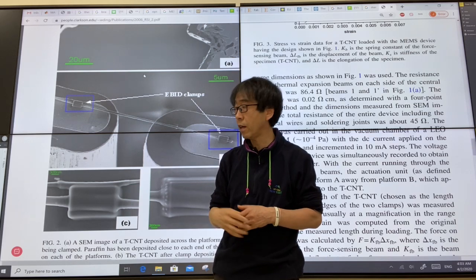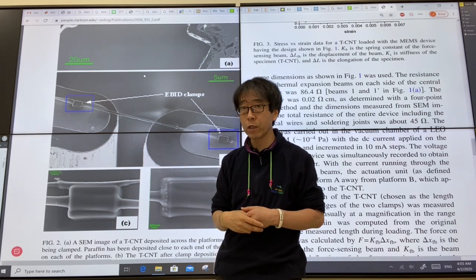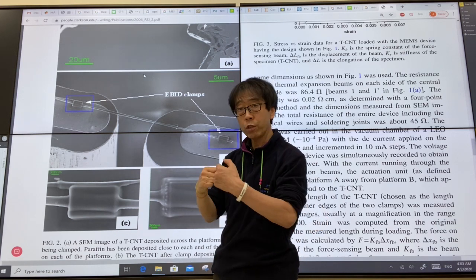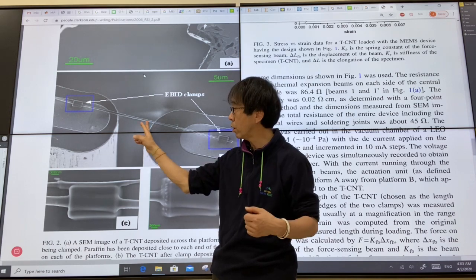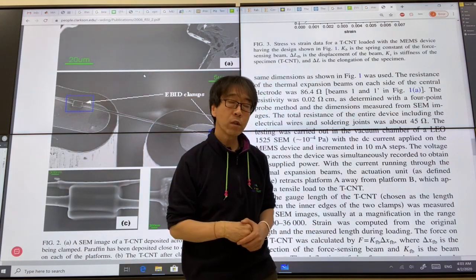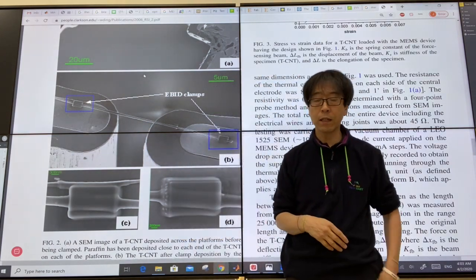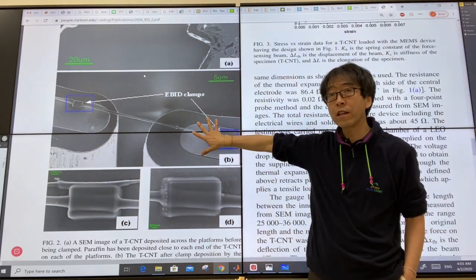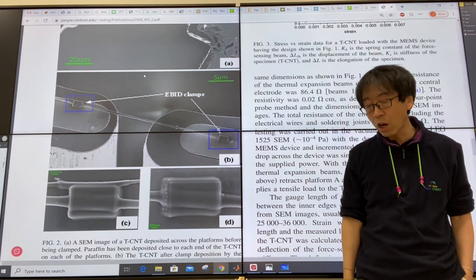And you can measure the force with a different mechanism, so that you can measure the retraction amount, the elongation of this carbon nanotube, versus the force. So we can do mechanical testing of this nanotube with this tiny device inside the scanning electron microscope.